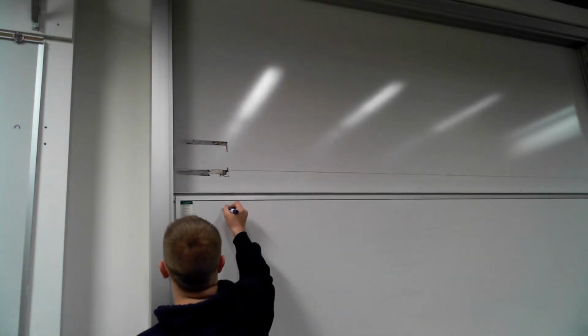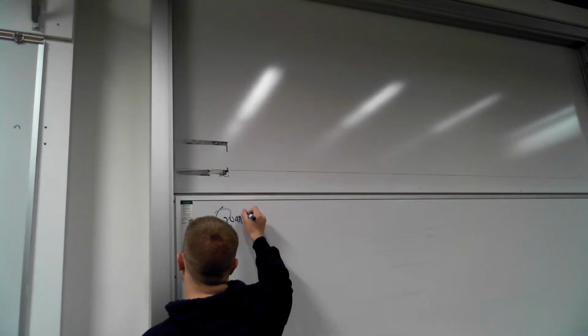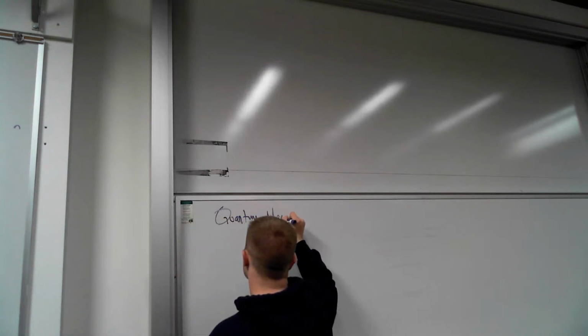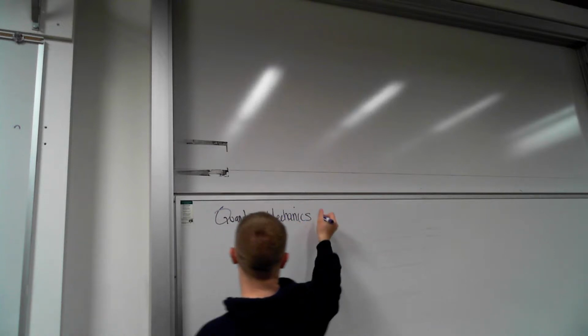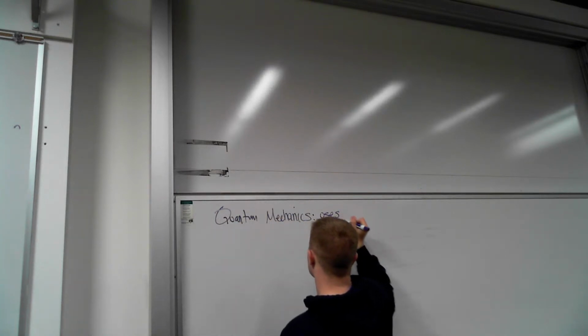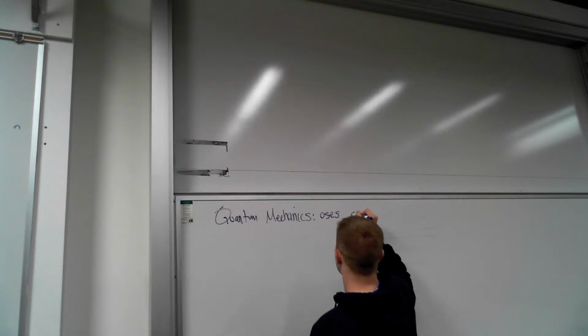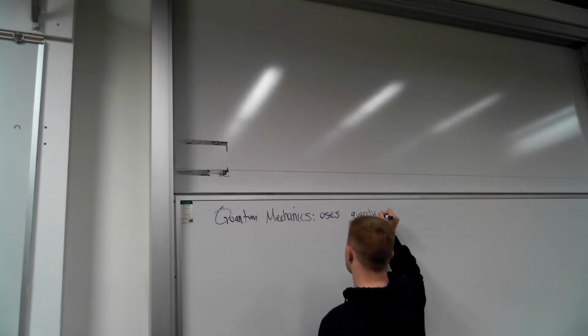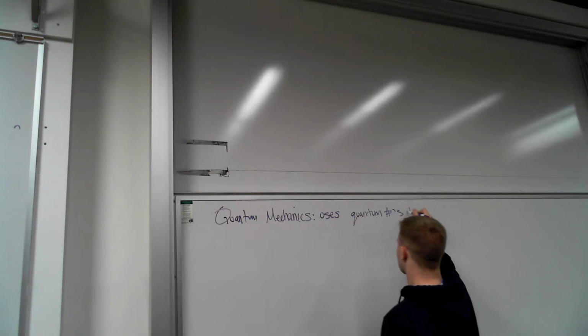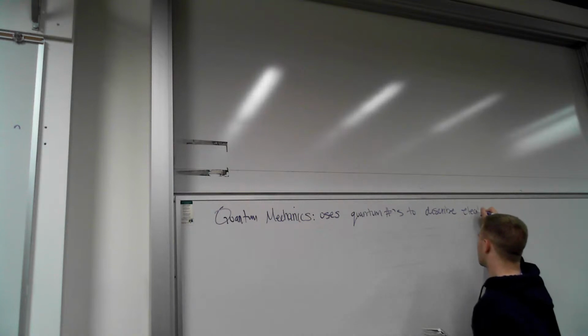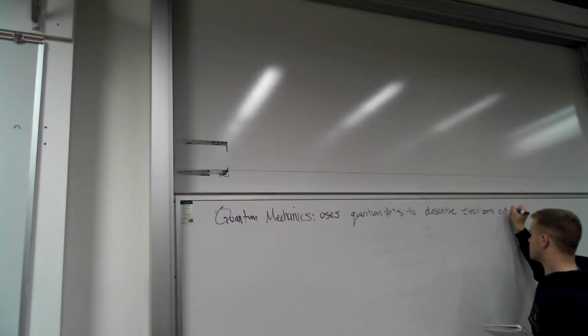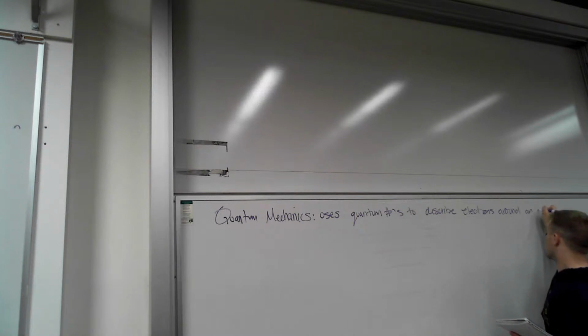So, quantum mechanics basically uses quantum numbers to describe electrons around an atom.